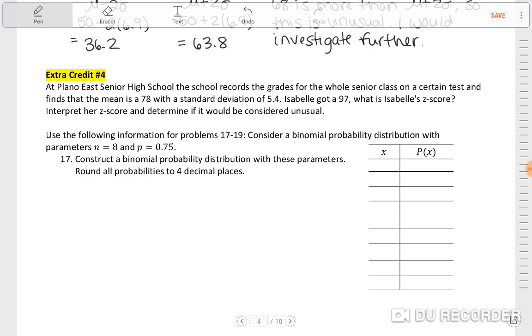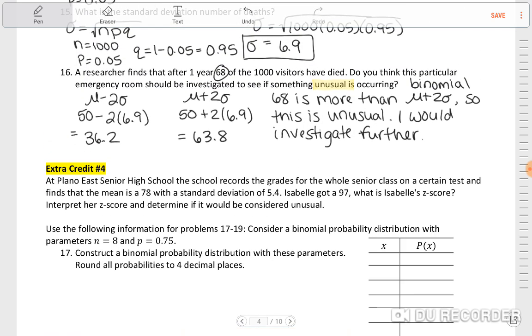Calculate her z-score, and then remember, just like we did here, it's unusual if it's more than 2 standard deviations away. So if her z-score is more than 2 standard deviations away, then that would be considered unusual.